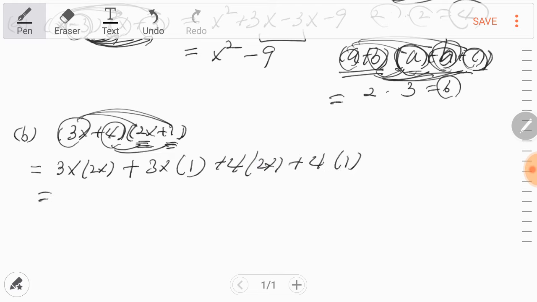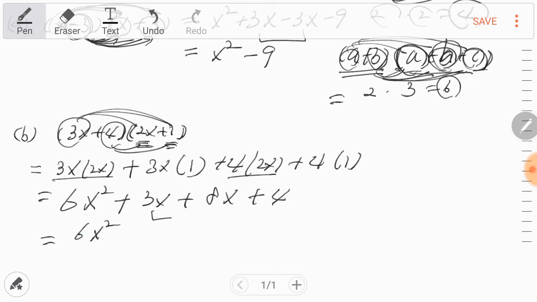Then simplify each term. The first term is 3 times 2 is 6, x times x is x squared, plus 3x, plus 4 times 2 is 8, times x, plus 4. Then combine the like terms: 6x squared, and this is plus 11x, plus 4.